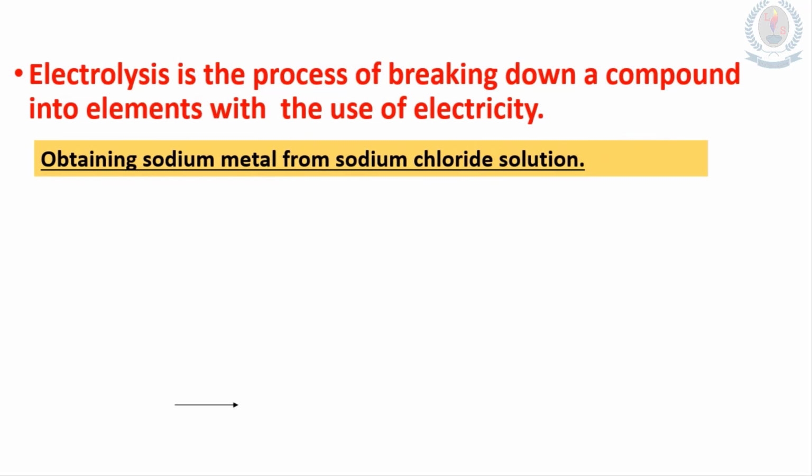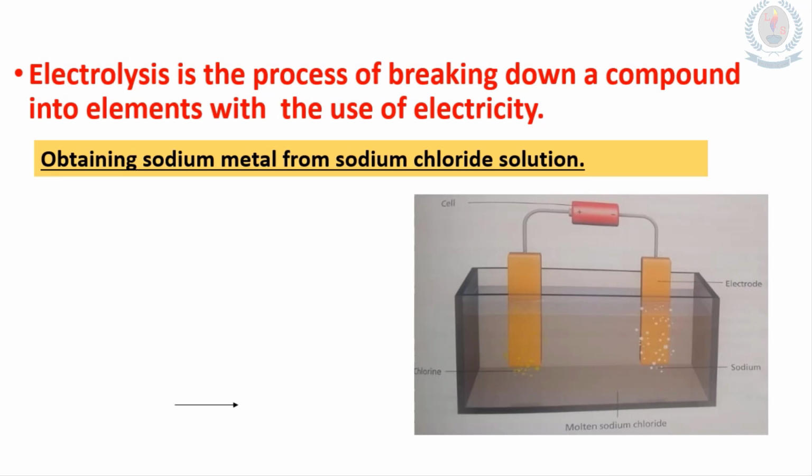So in this slide, I am going to explain the way of obtaining sodium metal from sodium chloride. So to do this practical, we need these apparatus. You need to have molten sodium chloride, 2 electrodes, 1 electrical source and some connecting wires.